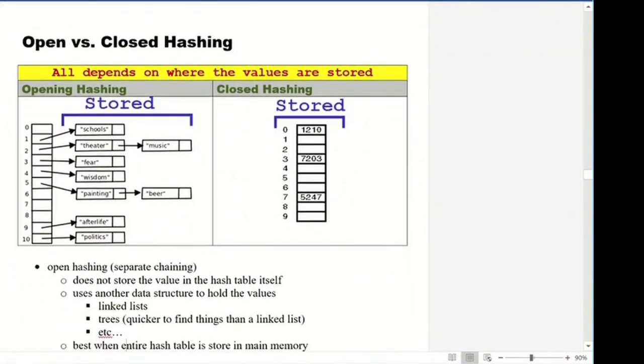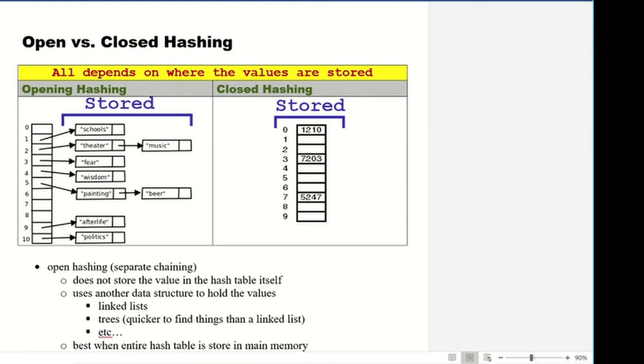Open and closed hashing. Two terms. The only thing that's different about them is how the actual data structure is done. In closed hashing, think about it, all of it being stored within the vector. All of it.